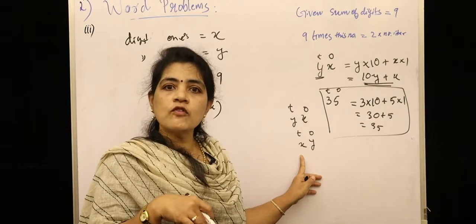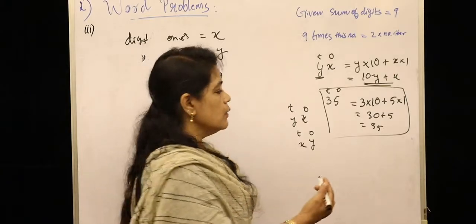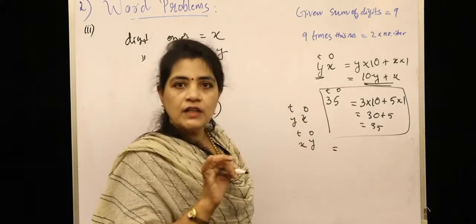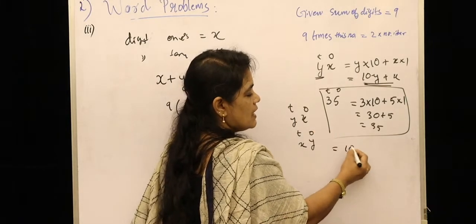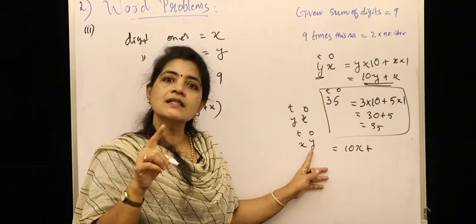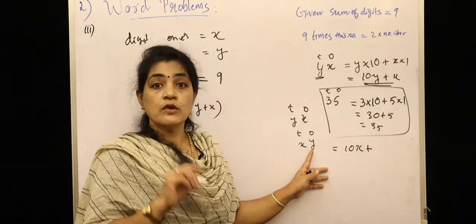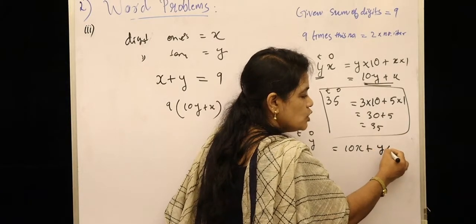Hence, what is the number formed? You have to multiply each digit with its place value. So after reversing the order of the digits, we will be getting the number as 10 into x, 10x, plus y into 1. Now here y is in ones place, so you have to multiply this y with its place value, that is y into 1.